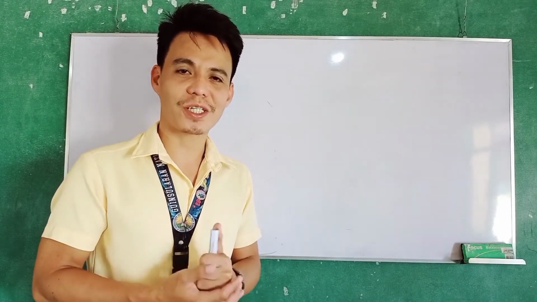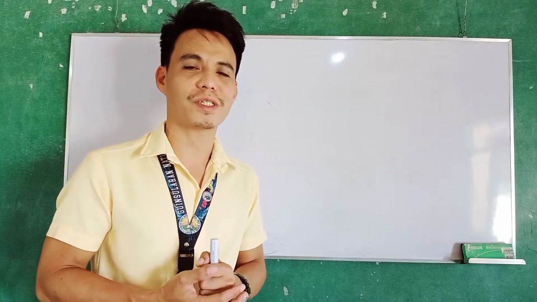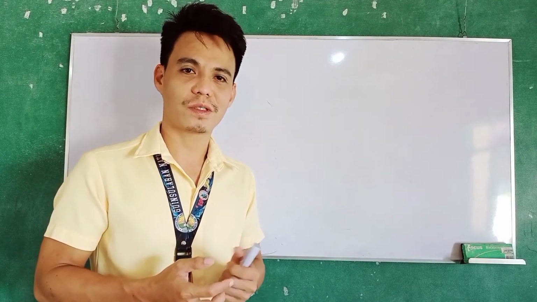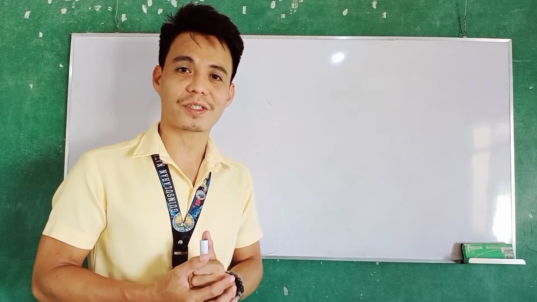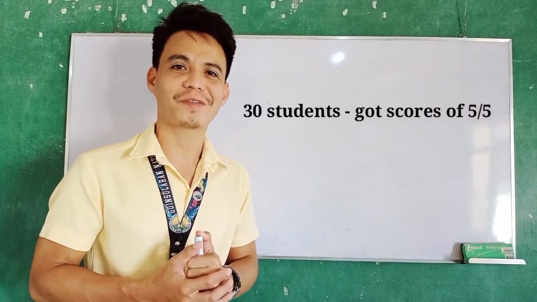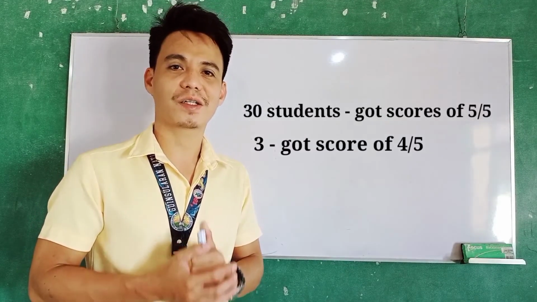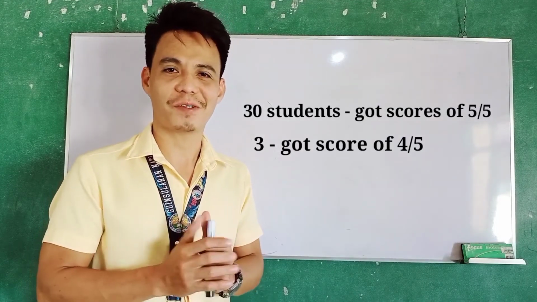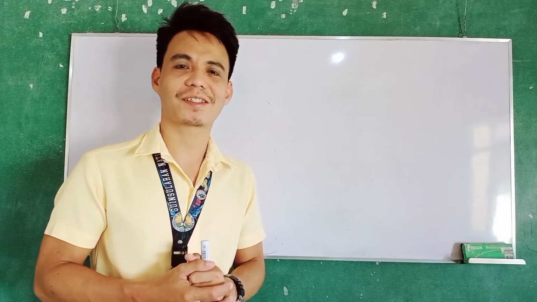Okay, so since our checking is done, so please pass on your papers. So, very good. Out of 33 students, 30 got a perfect score. And 3 students got 4 points. Very good. Do you have any questions, guys?